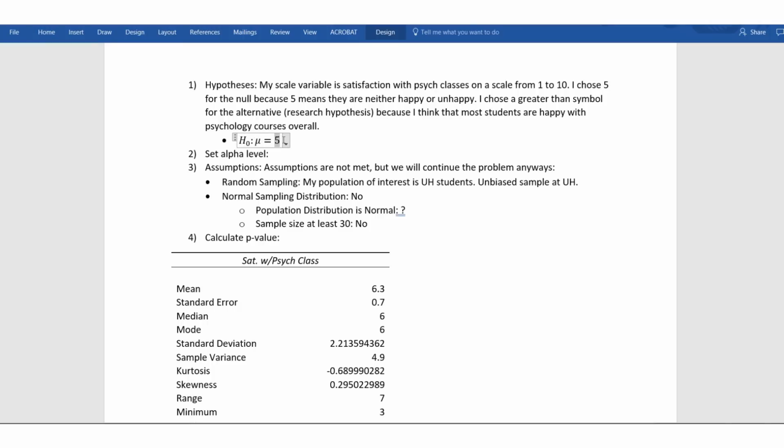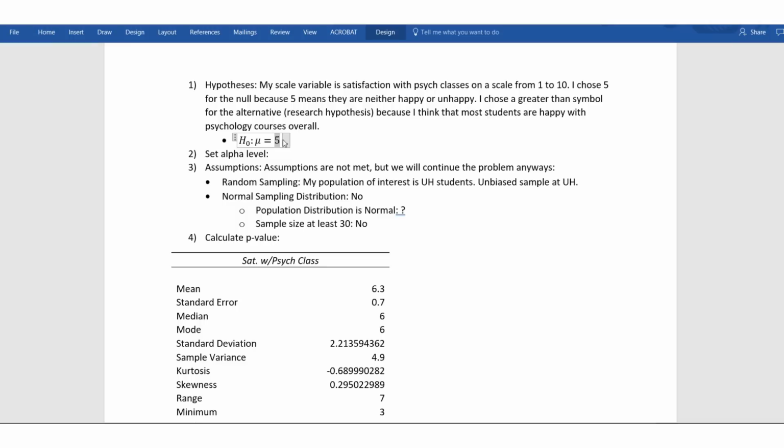So this number might be different for you. And I chose 5 because 5 is right in the middle of 1 through 10. And so if you're at 5, that means you're neither happy or unhappy. So it's like right in the middle. So it's kind of like a good middle point for this variable. But for you, it might be something different.